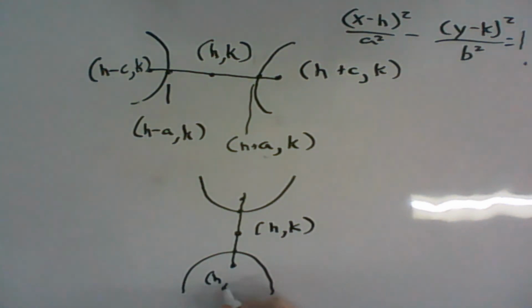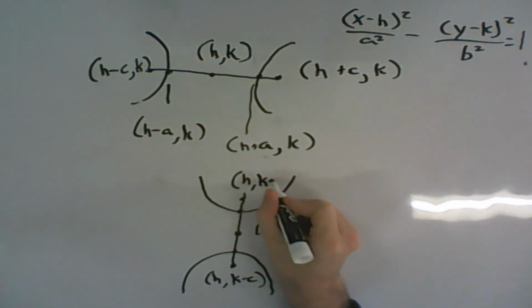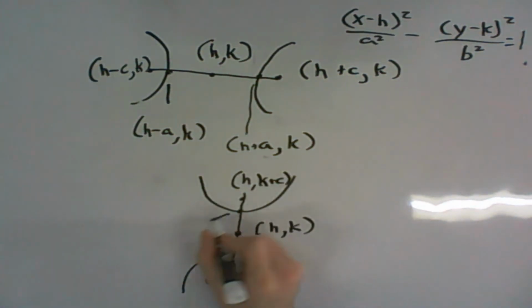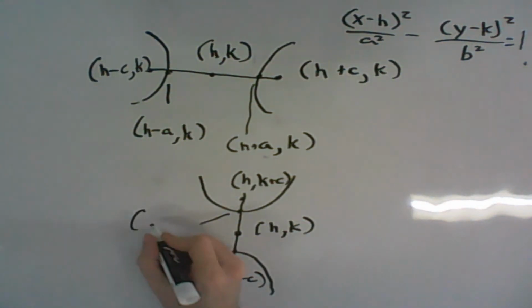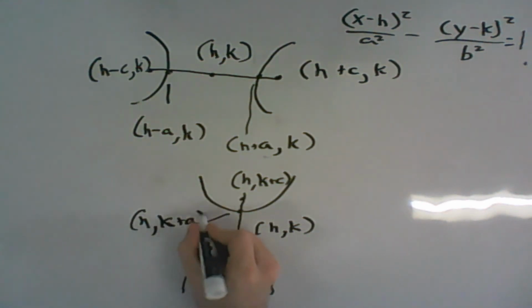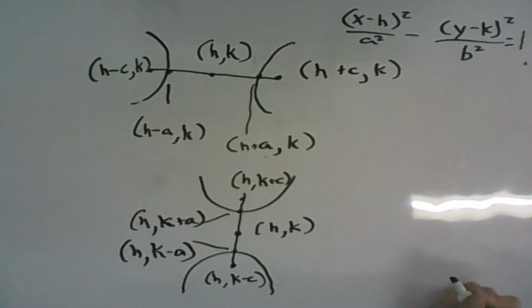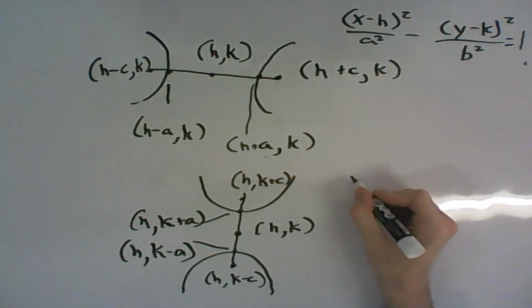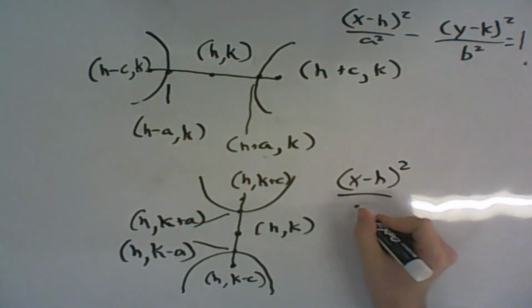This would be H comma K minus C and H comma K plus C. Again, so our vertices would be H, K plus A and H, K minus A. Okay, and this is just the one where the A and the B switched where they were.